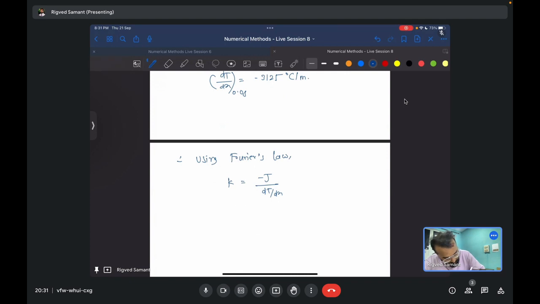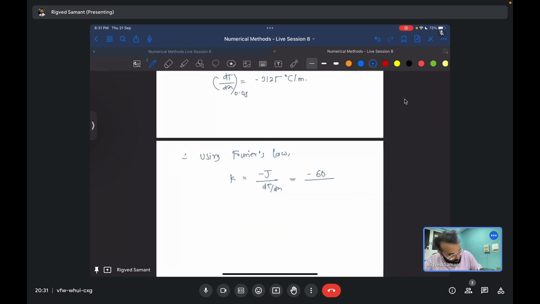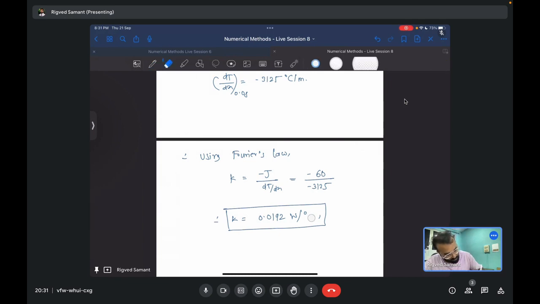So minus 60 divided by minus 3125. Therefore k is equal to 0.0192 watt per degree centigrade meter. So this C should be capital and then small.